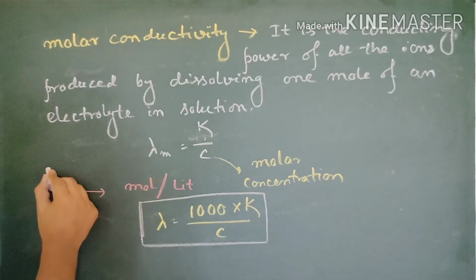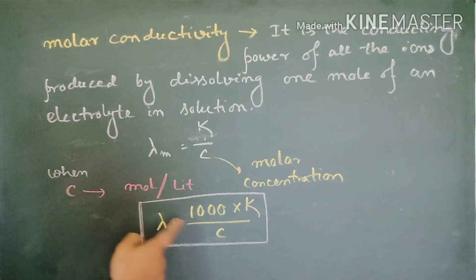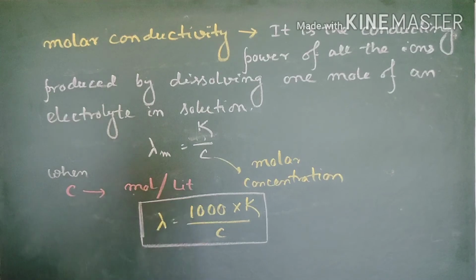Because we are going to face problems like this in moles per liter, in that case it will be multiplied by 1000.